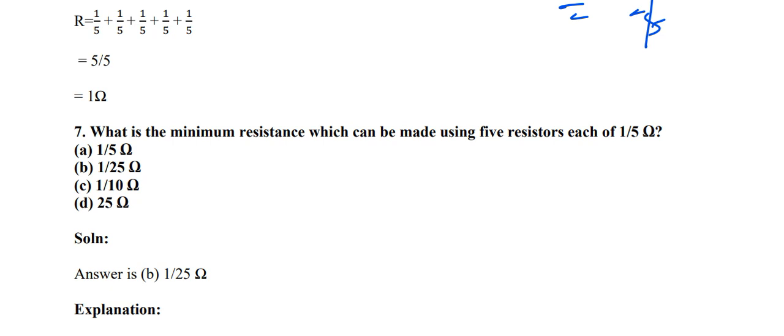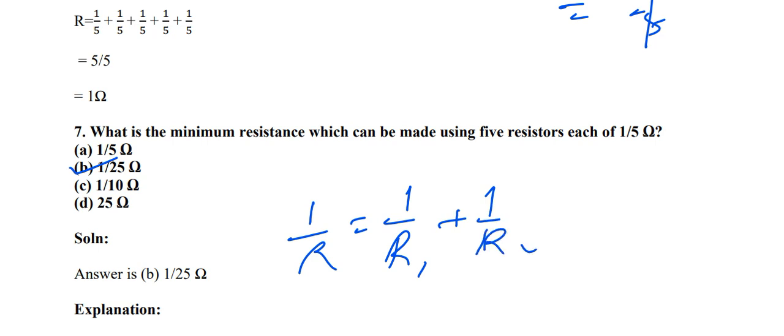Here B is given, right? 1 by 25. You know very well 1 by R equal to 1 by R1 plus 1 by R2, right? 5 resistors are mentioned here. I always tell you, read the statement very carefully, then you are able to give the correct answer.